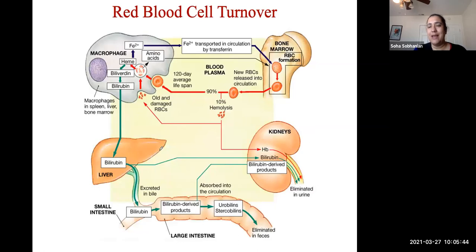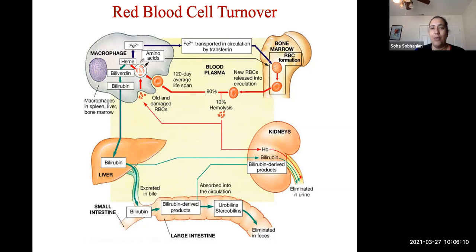Here's a picture of, again, a lot of people get like, oh my God, what am I looking at? It's too confusing. The goal is not to confuse you, but let's just take a look at this. Take a red blood cell. Here's my red blood cell. It's going to go into a macrophage, which is basically a white blood cell. See how it gets chopped into little pieces?